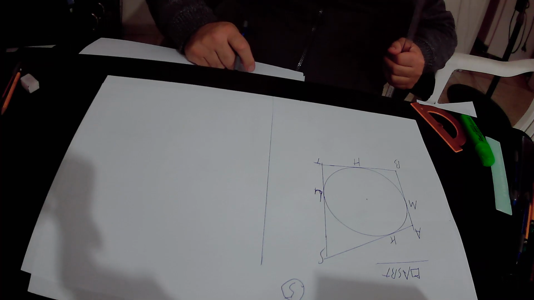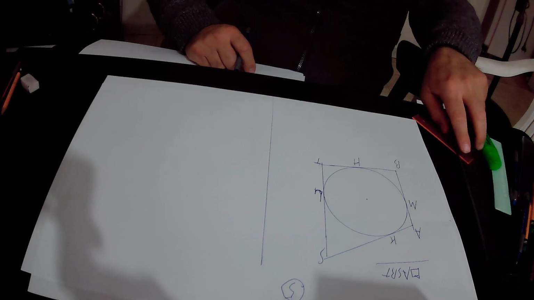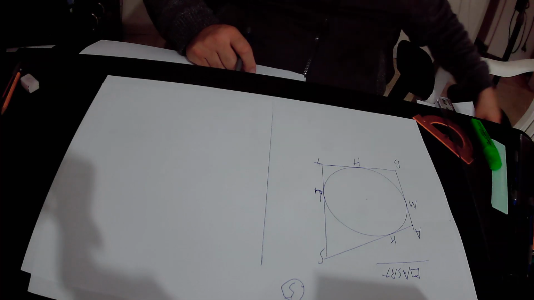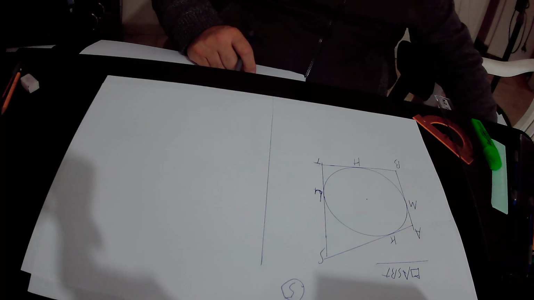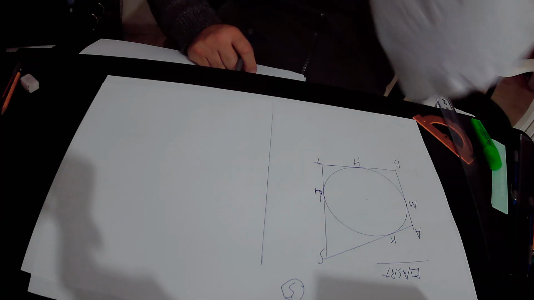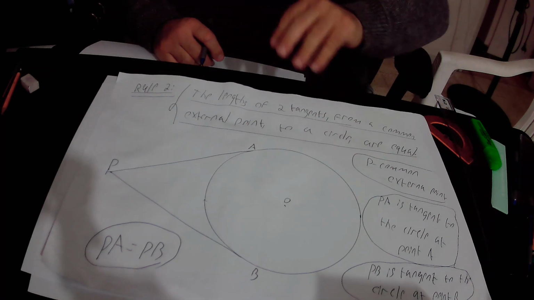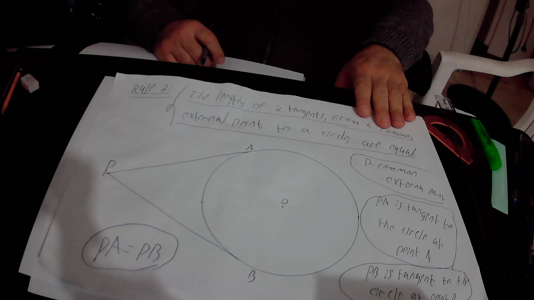I will quickly repeat rule 2 and we will implement rule 2 in our drawing. According to rule 2, the lengths of two tangents from a common standpoint to a circle are equal.